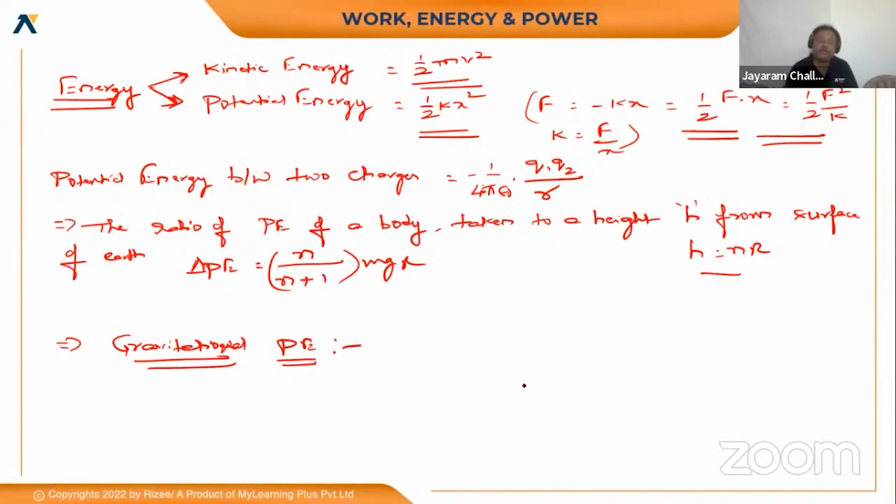If the potential energy is more, that means the body is more unstable. If potential energy is less, that particular body is more stable. That will be GM into small m by R, or the same thing can be written as mgR. Got it? So potential energy takes different forms.